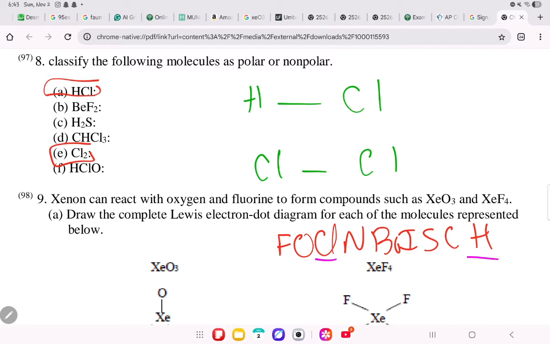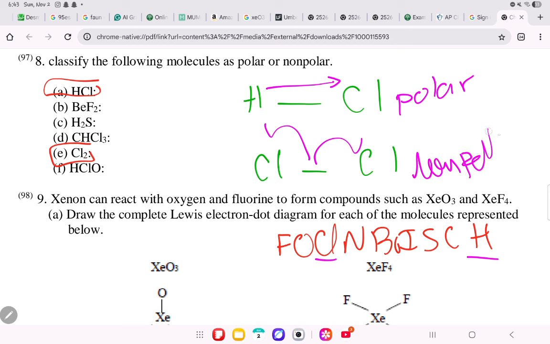That means their electronegativity difference is so much. So basically, that means the electron is gonna go more towards Cl, and that will cause it to be polar. For Cl2, they're both literally the same. They're gonna share the electron equally. So it's gonna be non-polar, okay?